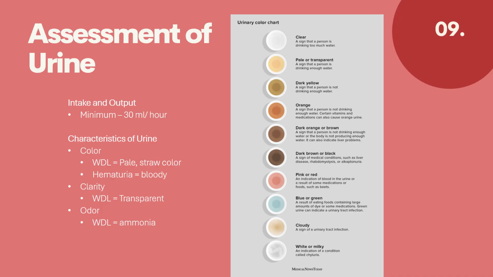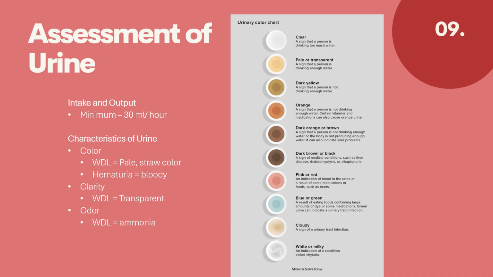A milky color is called pyuria, and that is like a pus-like drainage within that urine. And then if it's really foamy, that can actually indicate proteinuria, so protein in that urine, and maybe they have a possible kidney concern or kidney disease.